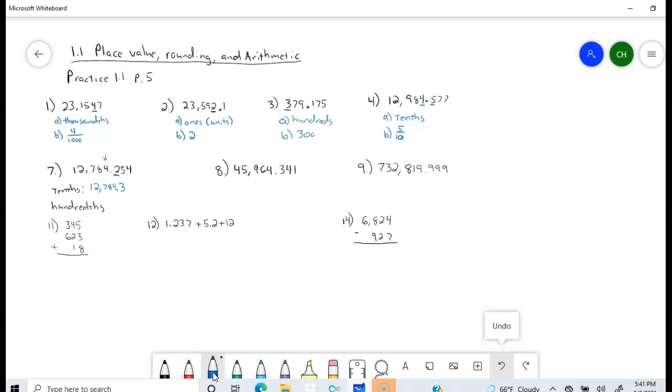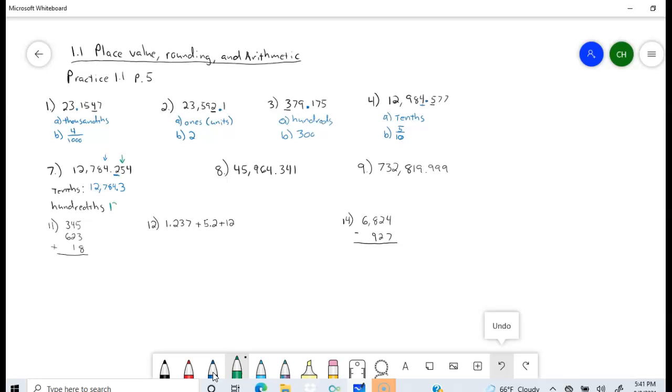The next wants us to take it to the hundredths. So I'm going to have 12. This is my hundredths right here. Let me just change the color here. So here's my hundredths.